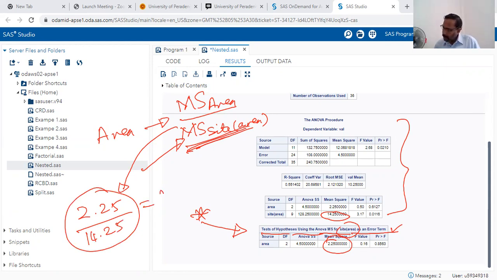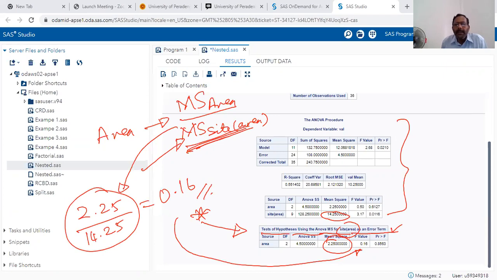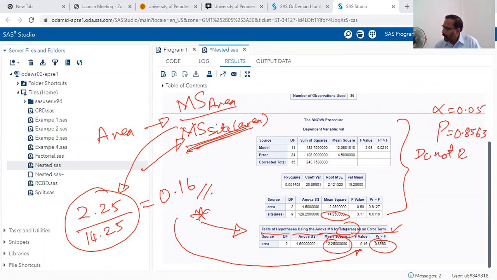It is actually 0.16, so that value is further small. So what is the p-value? The p-value is 0.8563. Alpha value, as you all know, is 0.05. So we do not reject our null hypothesis because the p-value is larger than alpha. So do not reject H0; in other terms, accept your null hypothesis.